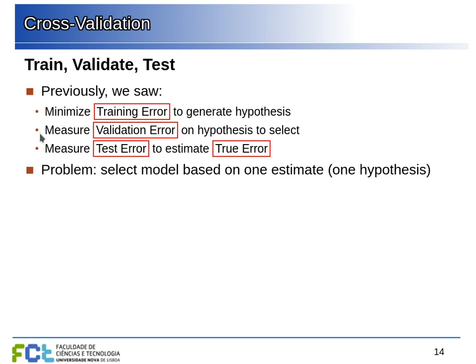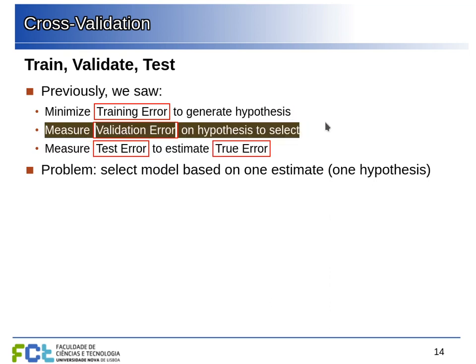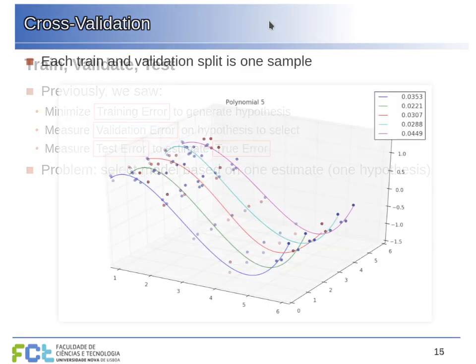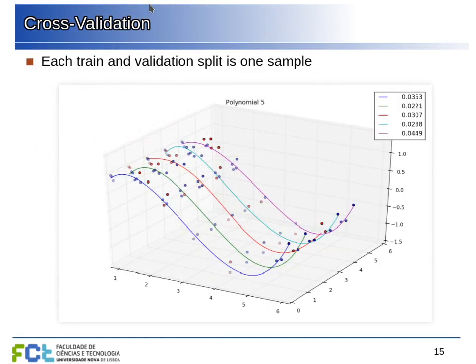Now, one problem here is that we are selecting the model based on just one estimate for one hypothesis, using only one sample, the validation set. As you recall, this has some noise, some randomness associated with it.